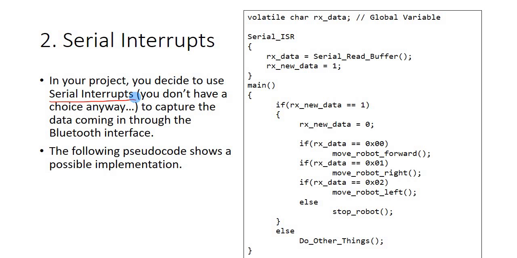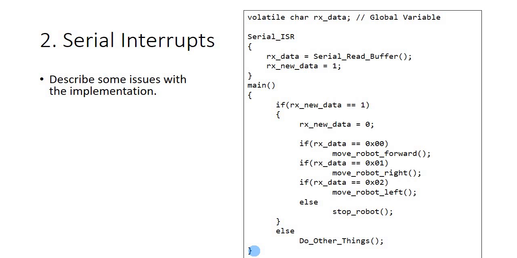This pseudocode shows you an implementation. As you can see, we have a serial ISR over here, which will be triggered whenever data comes in, and in the main function here, you basically keep doing this check. I think what is missing here is actually a while 1 loop. So you need a while 1 loop over here.